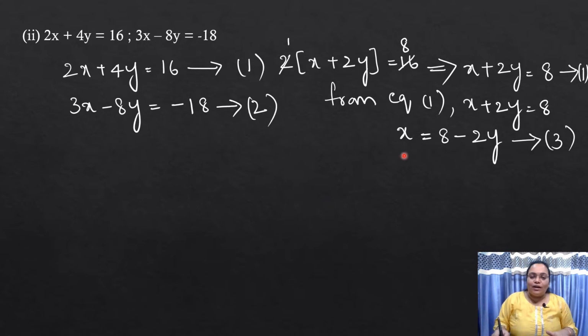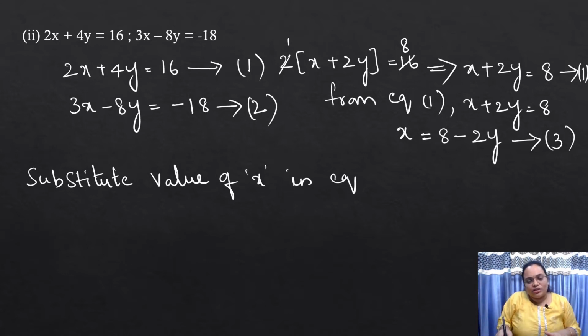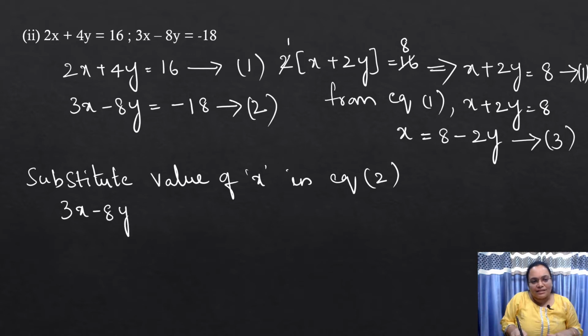Now we have got the x value, that is 8 minus 2y. Right? Now we will substitute this value in the other equation, which is equation 2. Substitute the value of x in equation 2. Okay, so what is equation 2? 3x minus 8y is equal to minus 18.